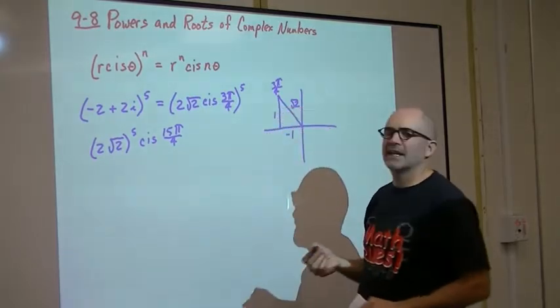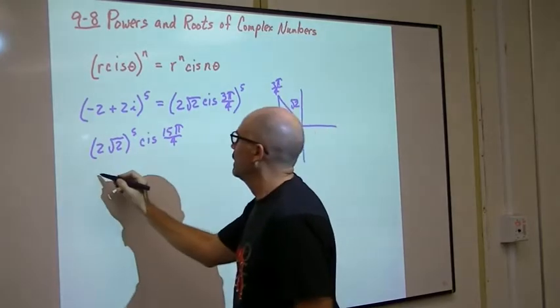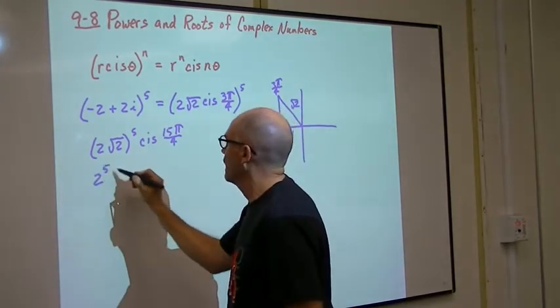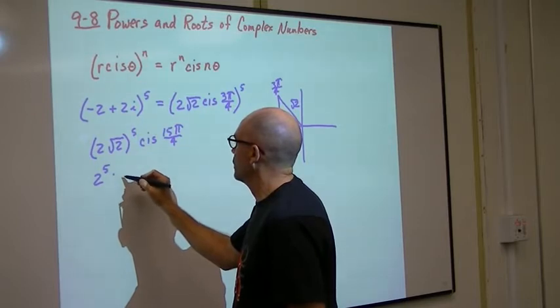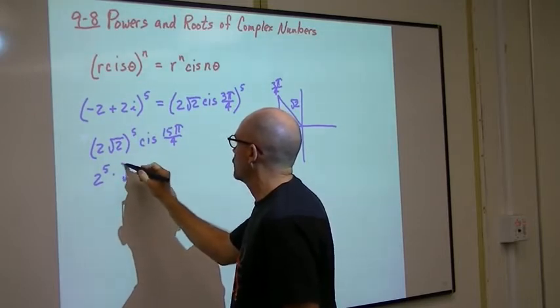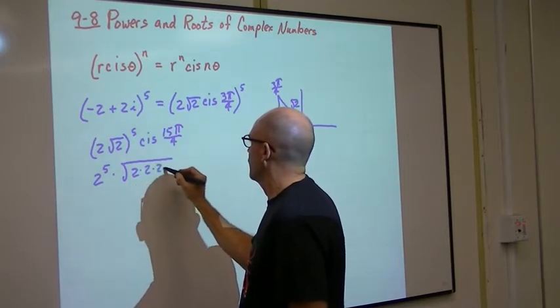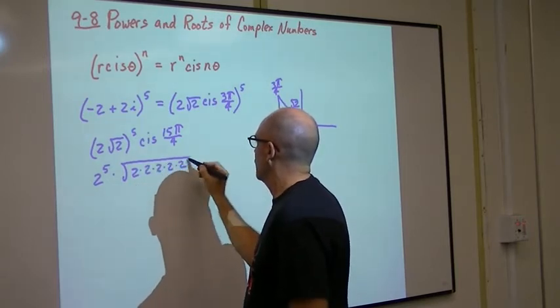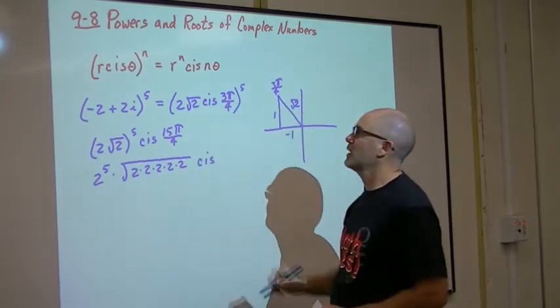So we've got some cleanup to do here. So 2 square root of 2 to the fifth is going to be 2 to the fifth times square root of 2 to the fifth. Cis. Now let's clean up the angle too.